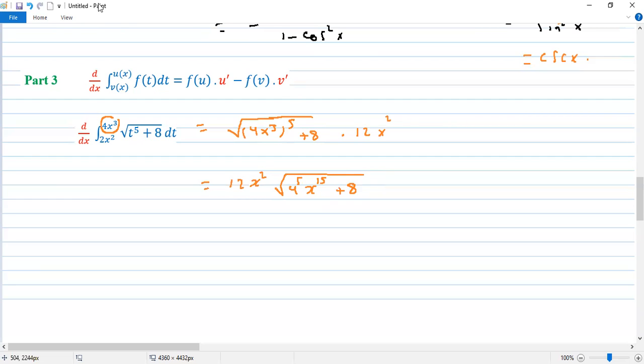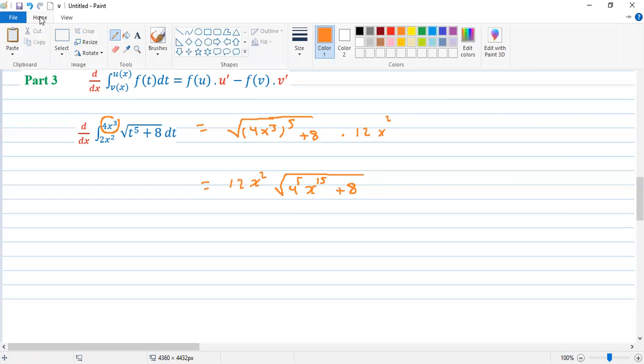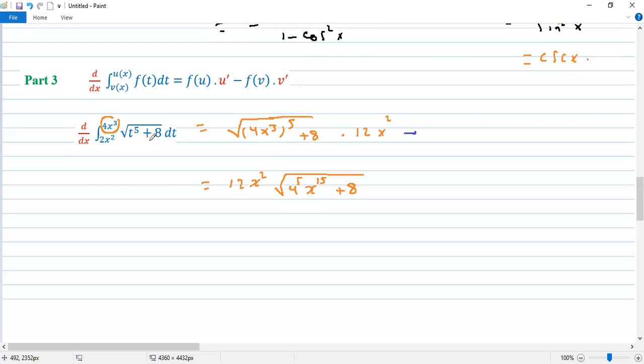See, minus. Second one, what do you have? Here we have minus. So minus the second one, f of v. Now this is the v, 2x squared. So it will be the square root, we have here t to the power 5 will be 2x squared to the power 5 plus 8.